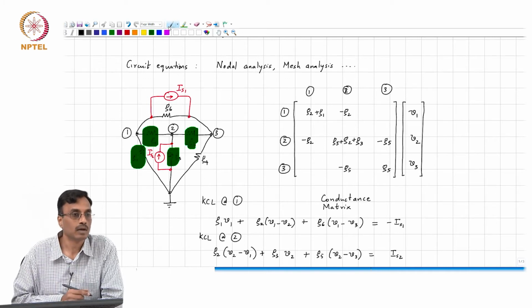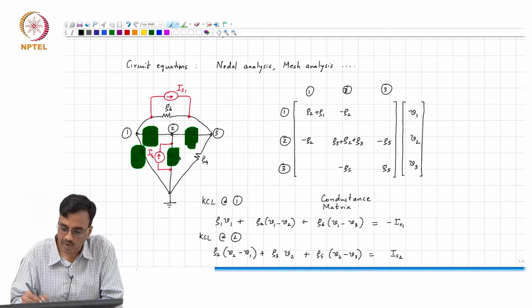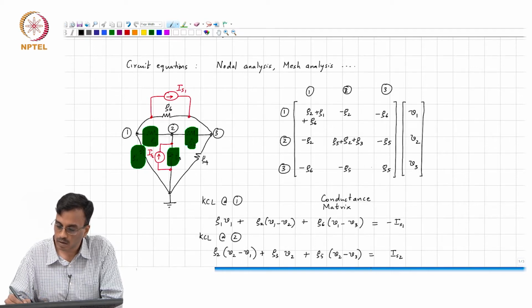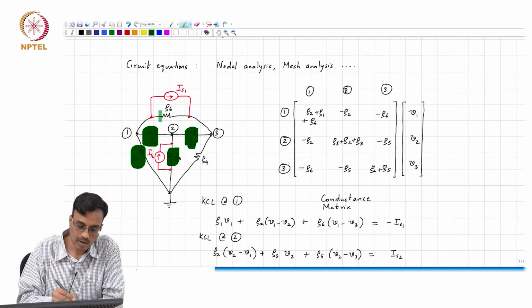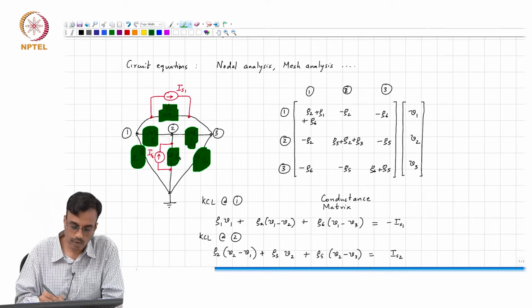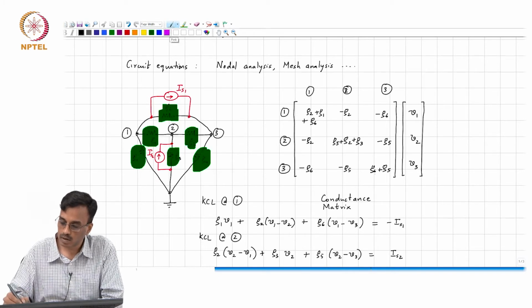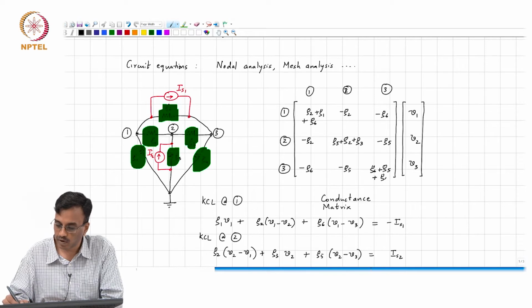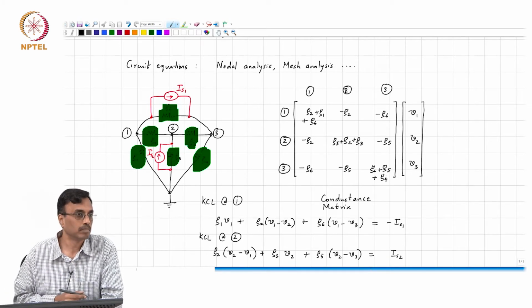Between 1 and 3, so that is basically that. That is done. Then what about G4? Well, that only appears in the third row, third column, correct.